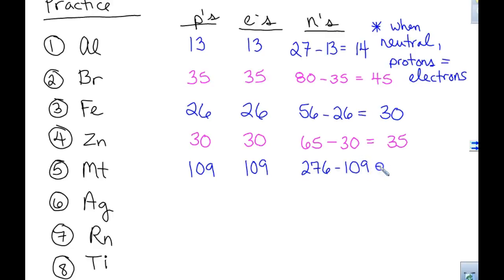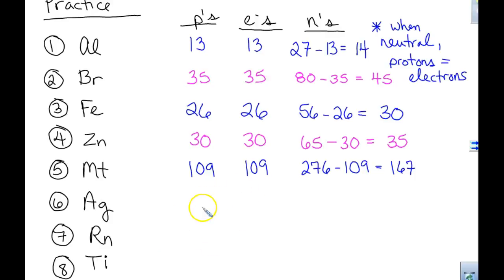So we will subtract 109 from that. And that gives us 165. Is that right? I did not calculate myself. Wait, no, it doesn't. Does it? 167. Yeah. I was like, that didn't look right. Y'all calculated it. Give me your answer instead of waiting for me to say it.